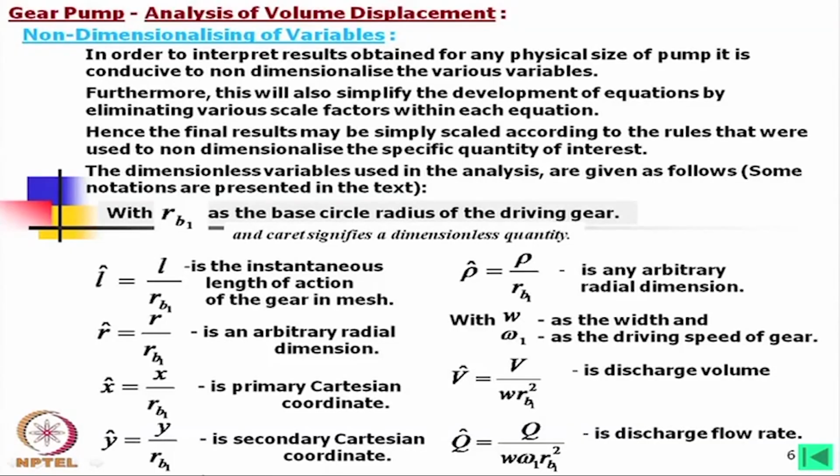In that case, you can make the parameters non-dimensional considering any one base circle radius, but while converting to real data, you have to consider the other base circle also, with proper proportion. That is not difficult, but one should take care of that. Okay.